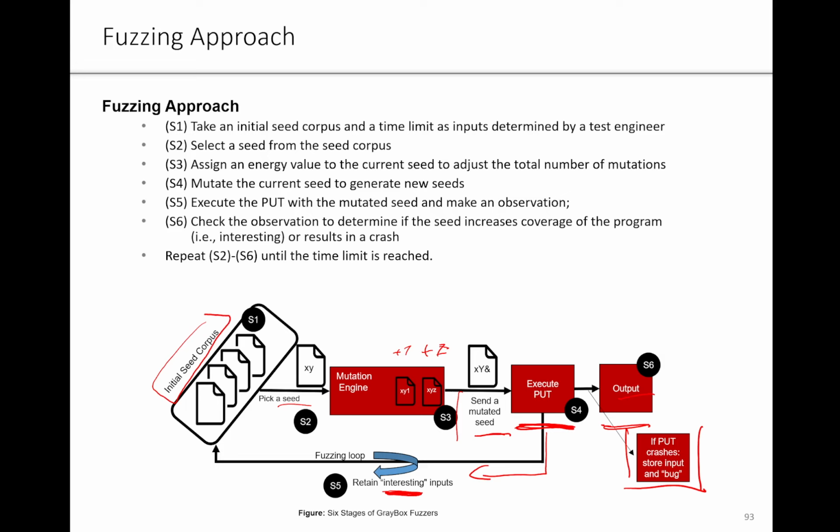So basically, here you start with, let's say, 5 inputs. Many fuzzers, you would be surprised what they start with. So if you have, for example, a text-based input generator, what would you start with? If you, let's say, for the browser, want to give a URL as an input, what would be your starting string?